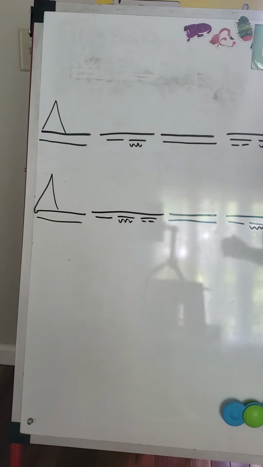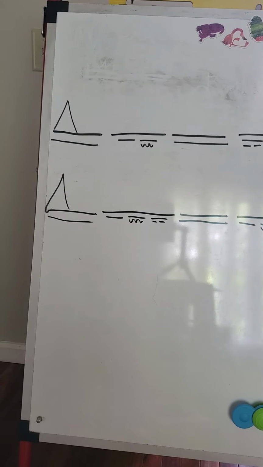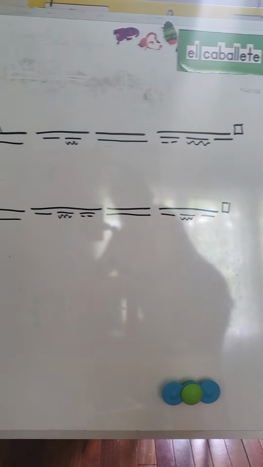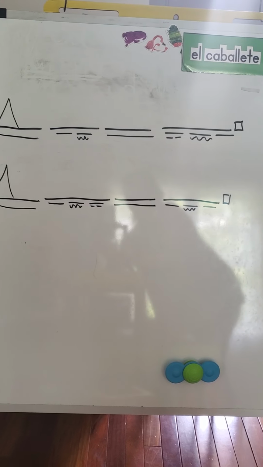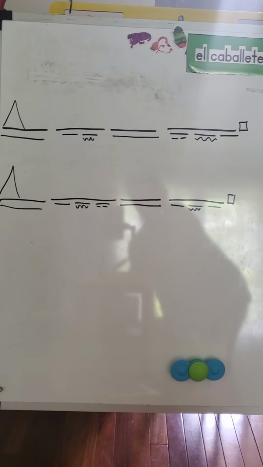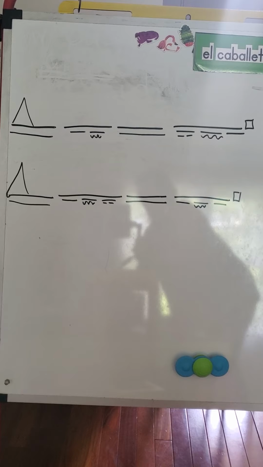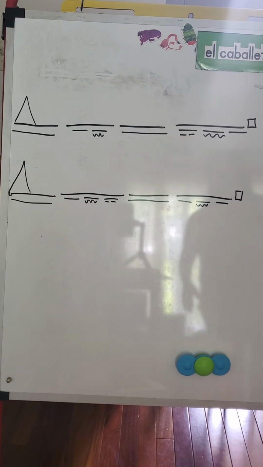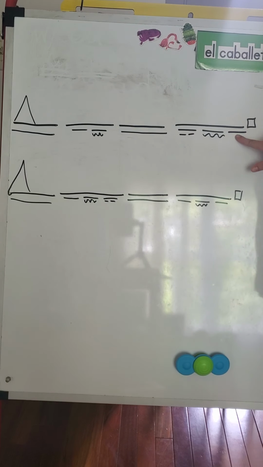If your child is practicing with me, they can go ahead and code their paper like mine. Let me back this up so you can see the whole thing. There we go. So you might notice that there's a couple of lines that I coded.